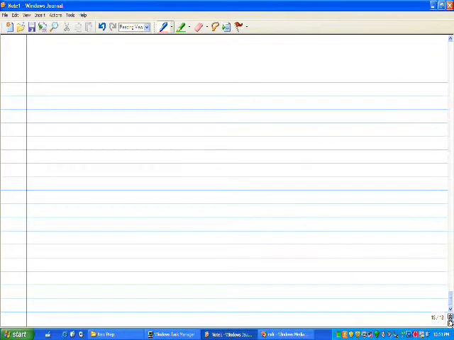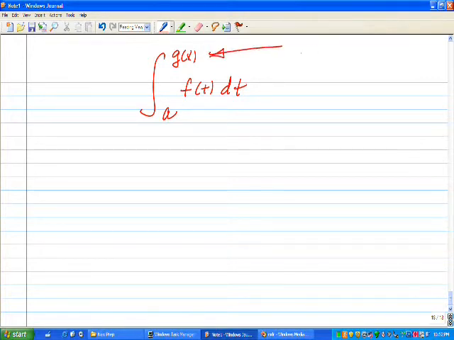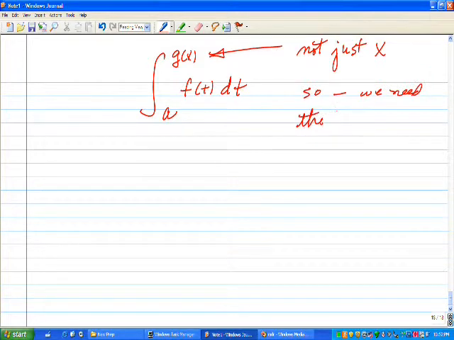Now let's look at a function, the integral from a to g of x of f of t dt. And now as we've said before, this is not just x. So we need the chain rule.